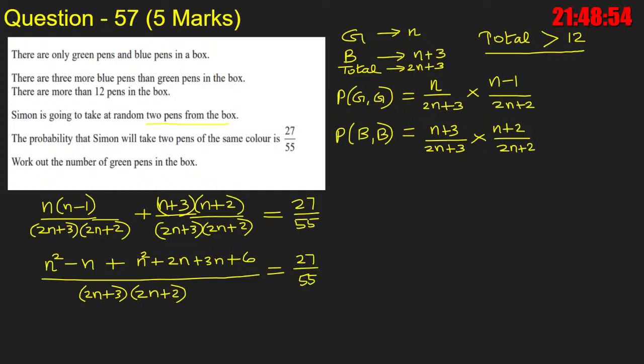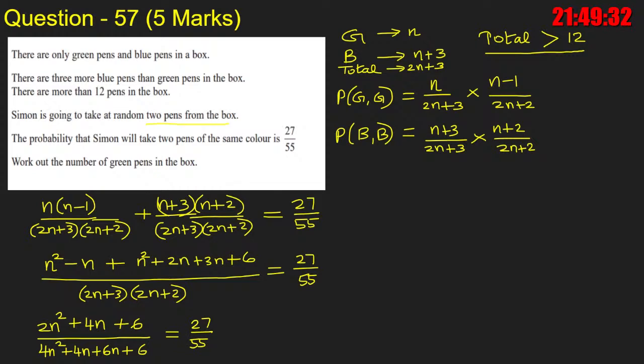Now if I simplify, n squared plus n squared is 2n squared, and 3n plus 2n is 5n, take away n is 4n plus 6 over, I'm just going to multiply, expanding the bracket. So 2n times 2n is 4n squared, and 2n times 2 is 4n, plus 6n plus 6, equal 27 over 55. So you need to technically do it properly.